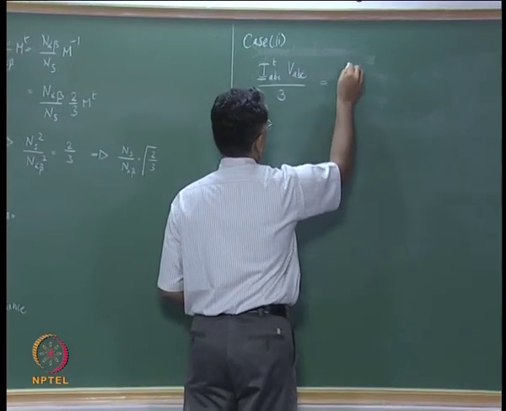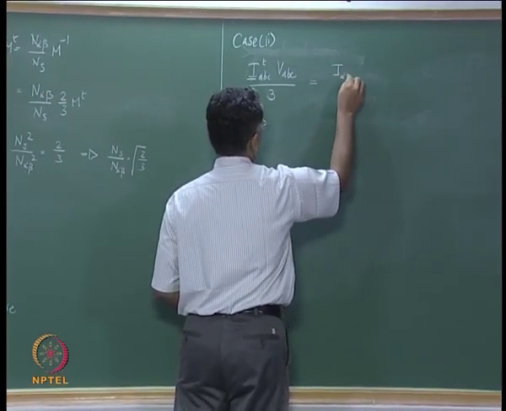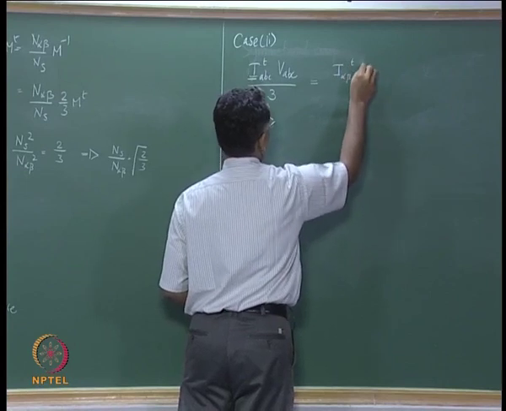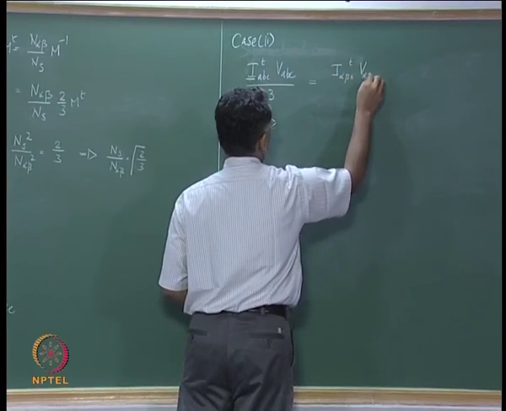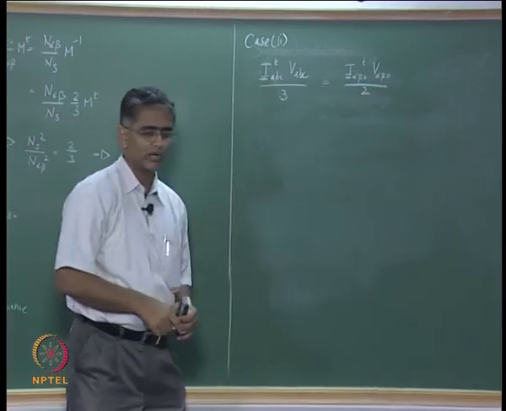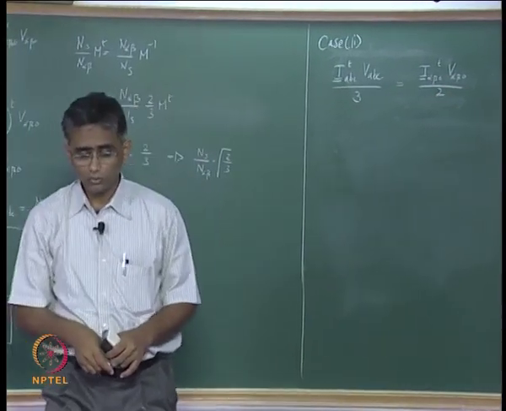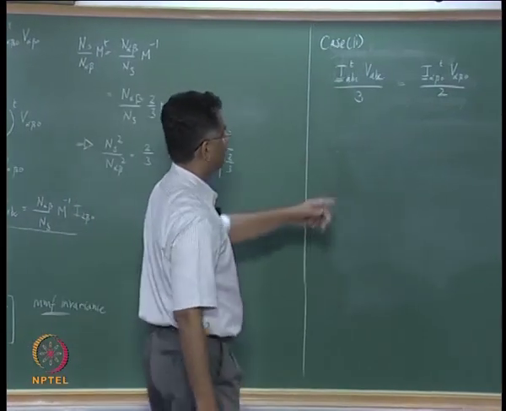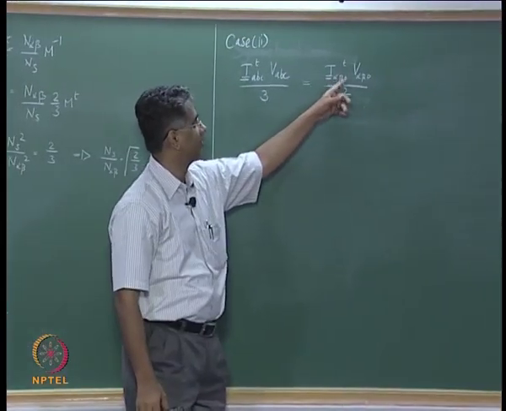If we look at the alpha beta system, I alpha beta 0 transpose into V alpha beta 0 by 2. Now, why are we saying this is 2 in spite of having written alpha beta and 0?